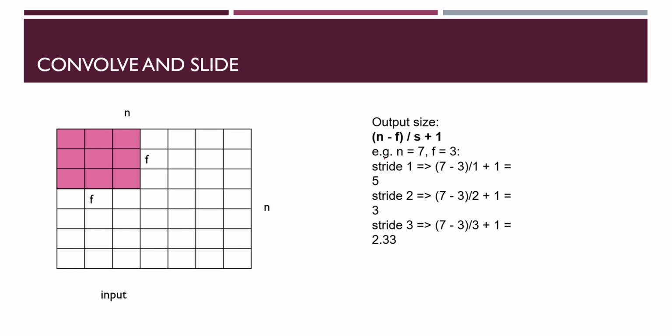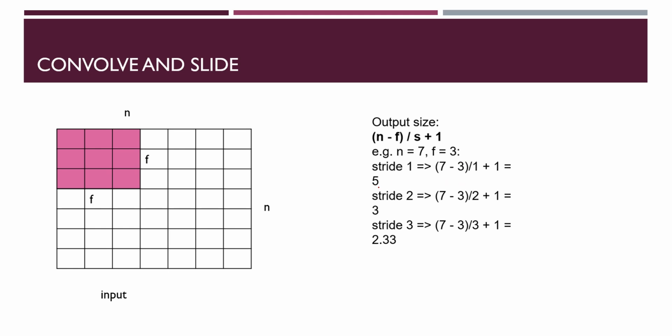For example, if n is 7 and f is 3, and the stride is 1, then the resultant feature map will have 7 minus 3, that is n minus f, divided by 1, which is 4, plus 1.